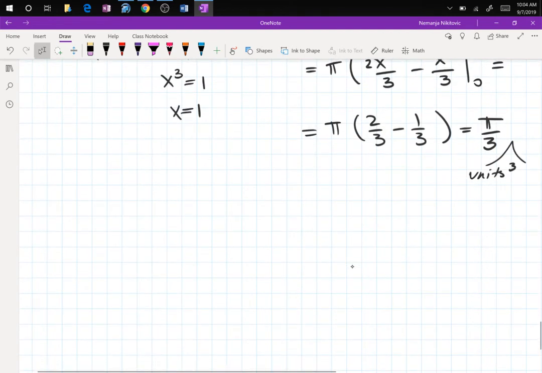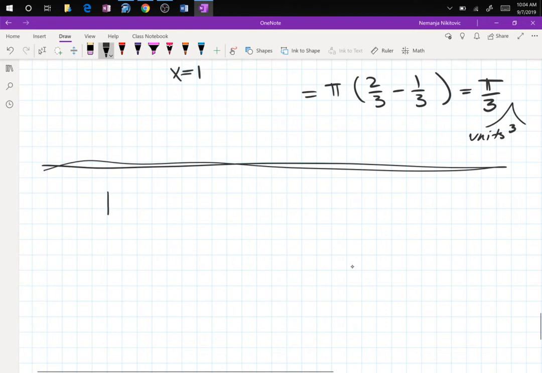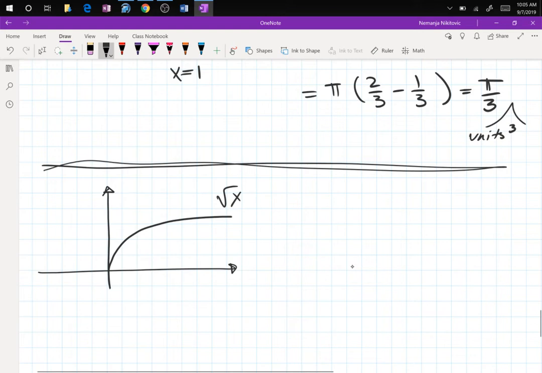So let me give you immediately an example of that so we don't have those kind of issues. Say you have a square root of x function that is supposed to go from 0 to, let's say, 4.